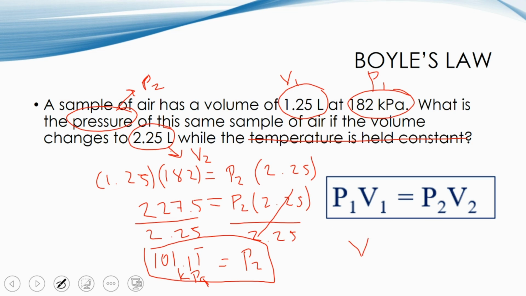So volume went up, right? It increased from 1.25 to 2.25. So based on the law of Boyle, we would expect the pressure to go down. And let's see if that holds true. We started at 182 kilopascals and we ended with a final of 101.11 repeating. So yes, it holds true.